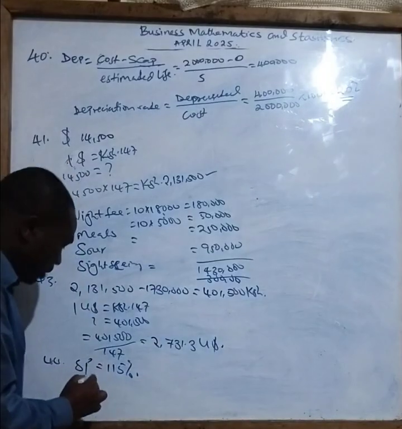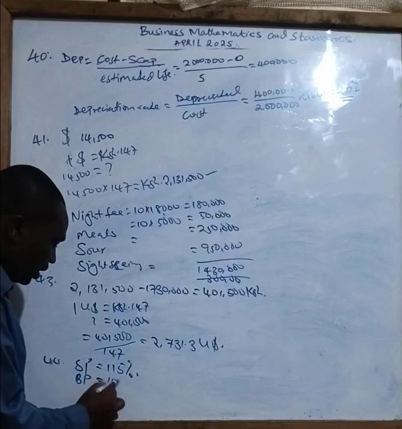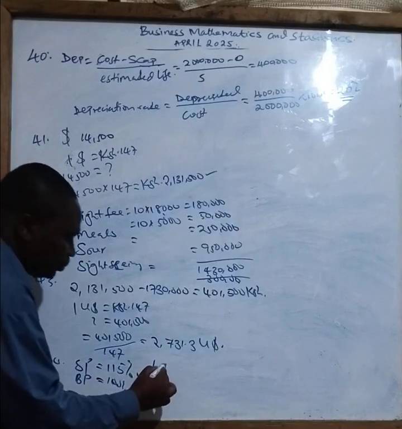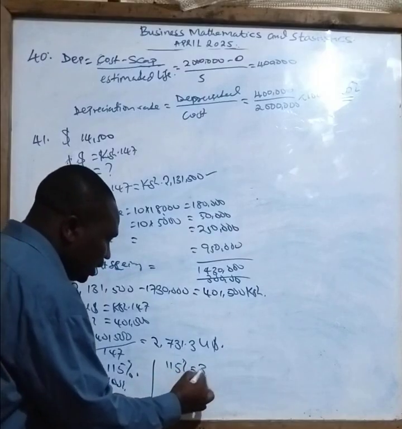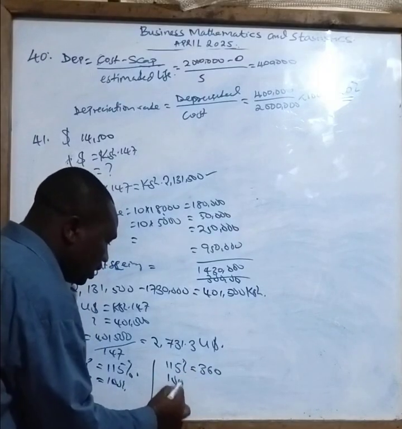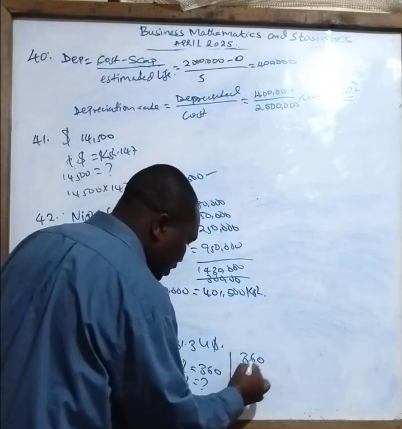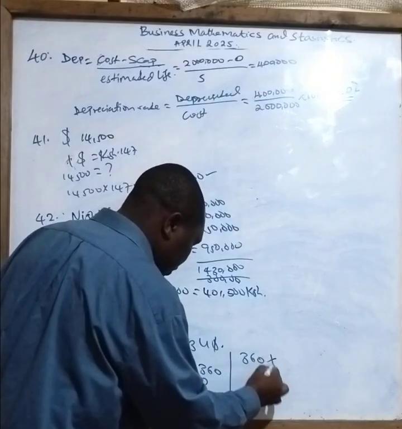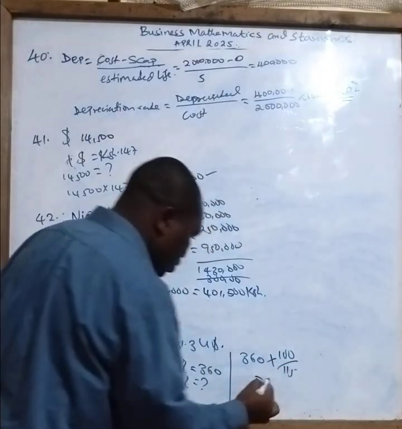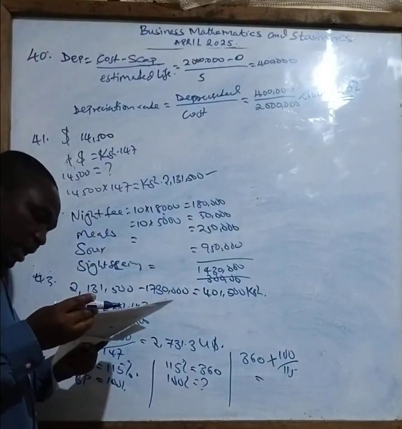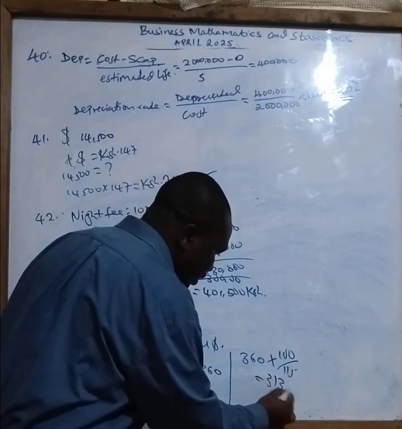Our buying price will be 100%. So 115% equals 360 shillings. What about 100%? This will give you 360 times 100 over 115. If you work it out well, you are supposed to get 313.